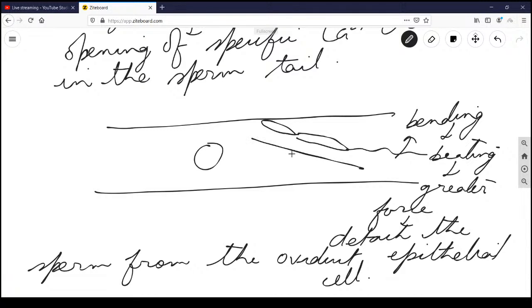And after capacitation this calcium channel will open, which will lead to more bending, plus capacitation will help it to rotate, and that will eventually lead to its detachment from the epithelial cells of the oviduct. So that is the real concept here.